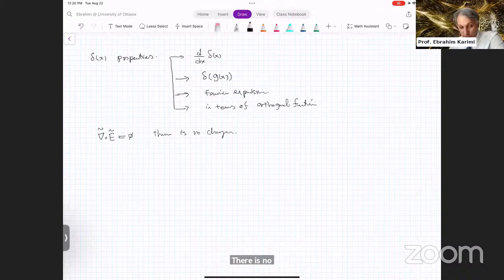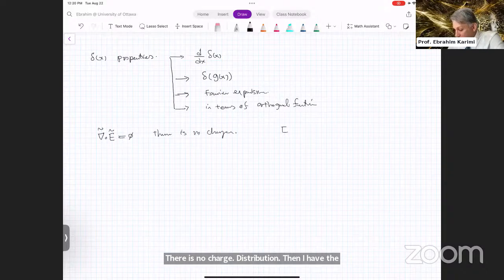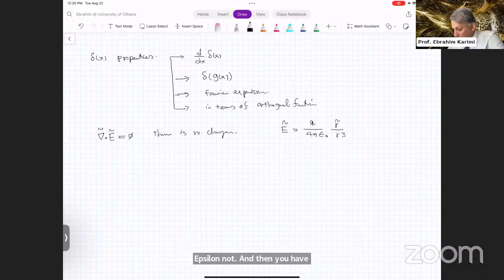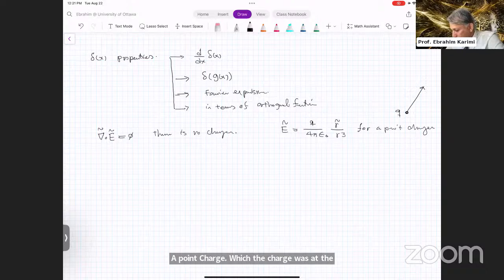And we said that E for a point charge is given by Q divided by 4 pi epsilon naught, times R divided by R to the power of 3, and that was for a point charge located at the origin. And that was the distance at which we calculated the electric field.